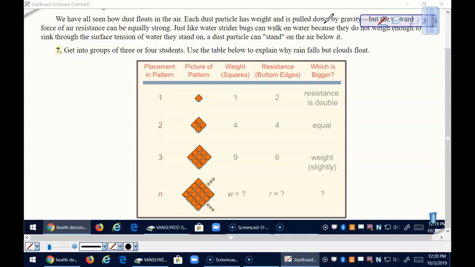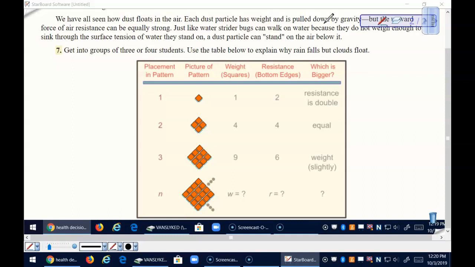So if you have a tiny, tiny, tiny speck of water, you have a certain amount of weight, like how many orange squares are there, and you have a certain amount of how much of the bottom is pushing against all of the air molecules. So you're sort of resting on air a tiny bit.